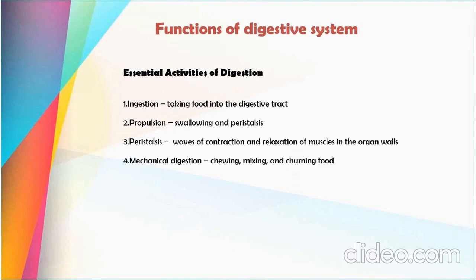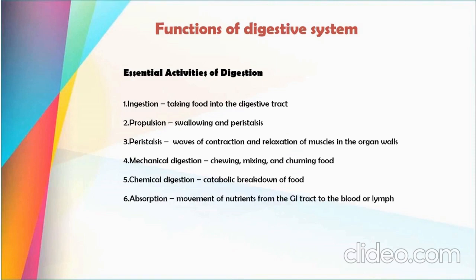Fourth one is mechanical digestion, in that the chewing, mixing and churning of the food. Fifth one is chemical digestion, which is a catabolic breakdown of the food. Sixth one is the absorption, in that movement of nutrients from the gastrointestinal tract to the blood or the lymph. And seventh one is the defecation, which is the elimination of indigestible solid waste.